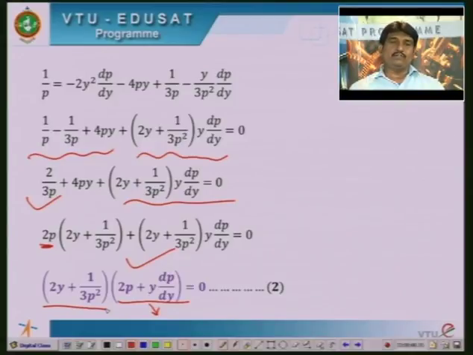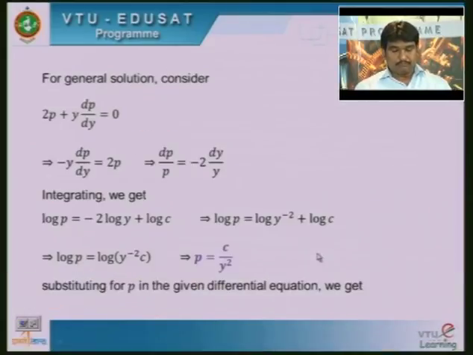Substituting in the given differential equation gives a relationship between x and y containing no arbitrary constant. That means you are getting a singular solution from that factor. If the general solution is asked, you ignore this factor and just consider 2p + y dp/dy = 0.